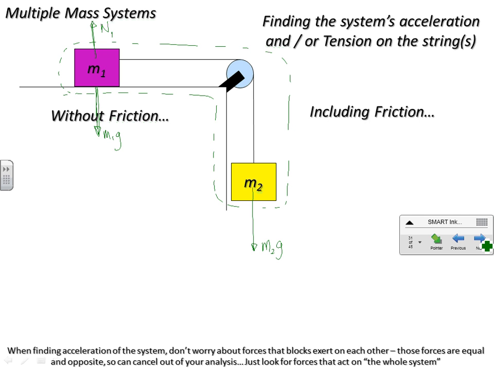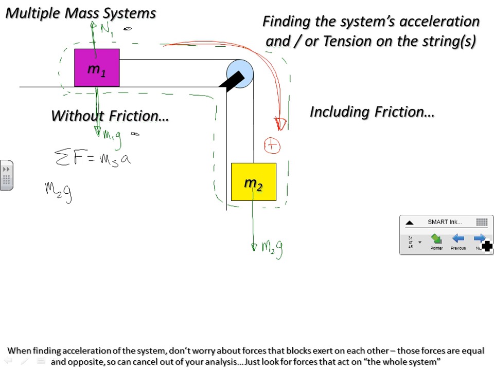All right, so without friction, again, now I'm going to say this way is positive. Anything that goes that way is positive. All right, so if we do net force is M system A, well, the forces that work in that direction are M2G. That's it, right? Yeah, we have this M1G.